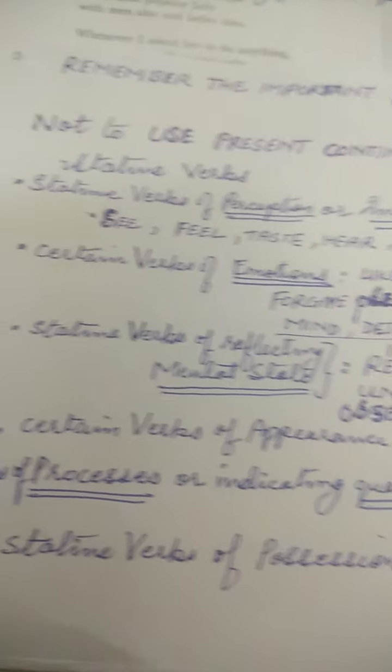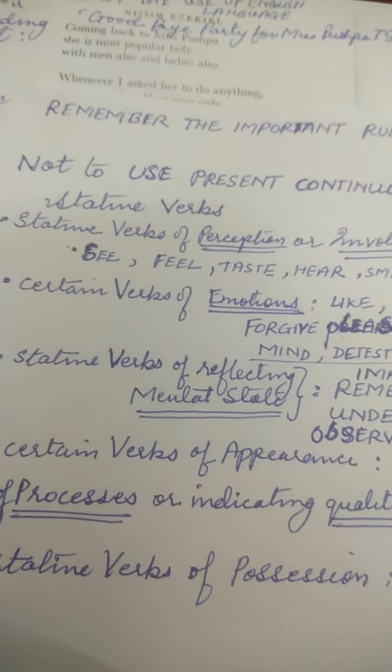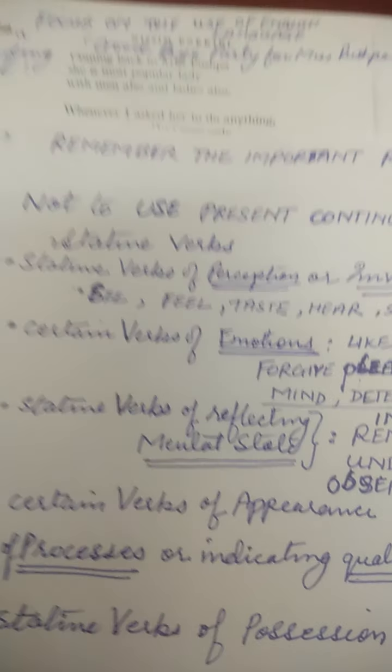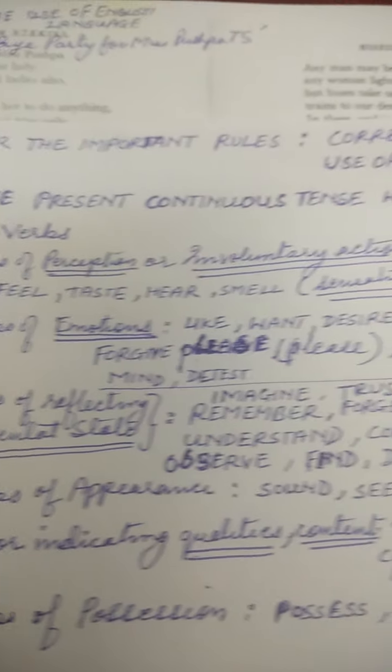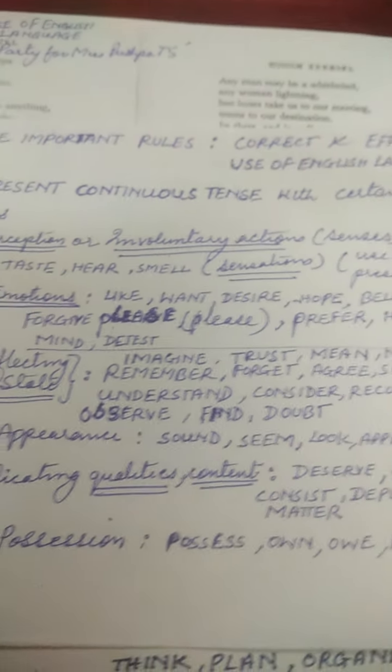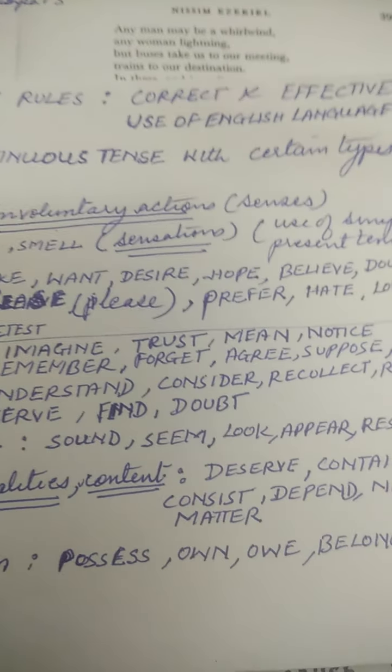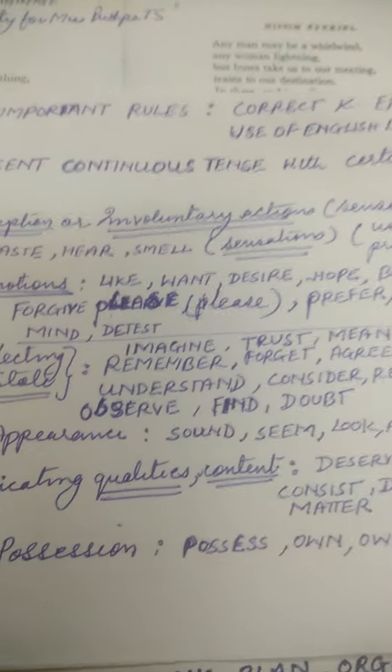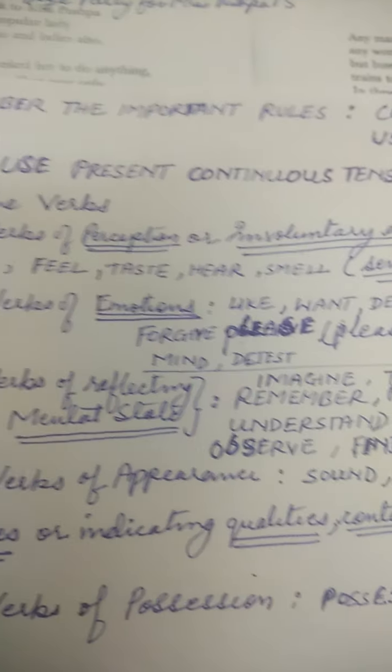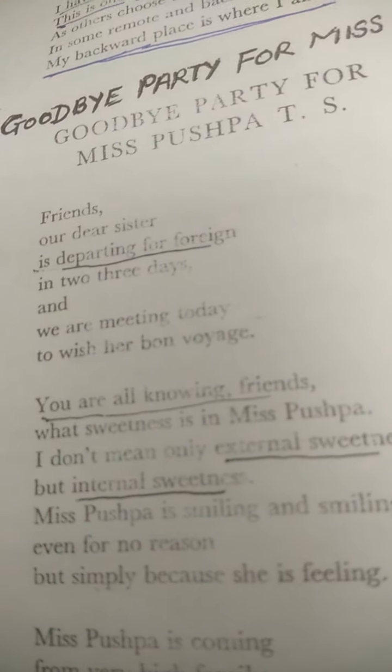All these are it. Then the second important point, we have stative verbs of emotions, and we generally do not make use of present continuous. And this is what, in this poem Goodbye Party for Miss Pushpa, she has committed this mistake particularly.